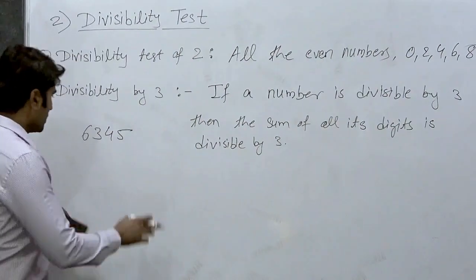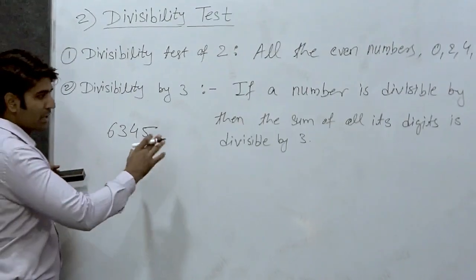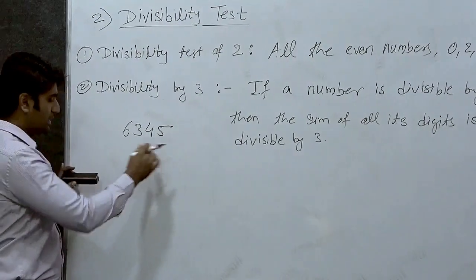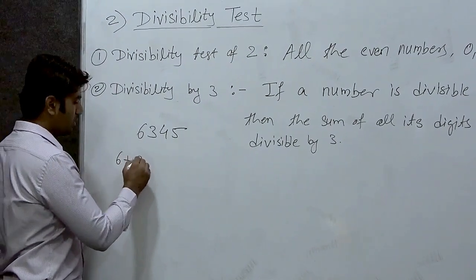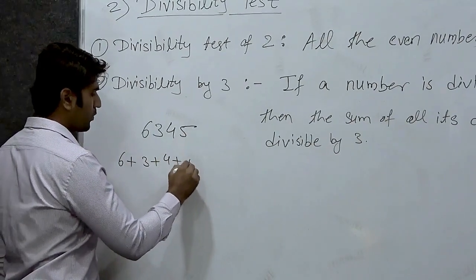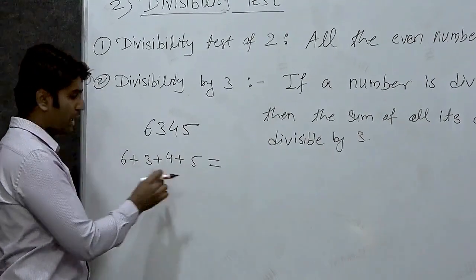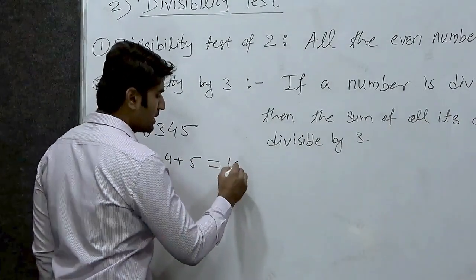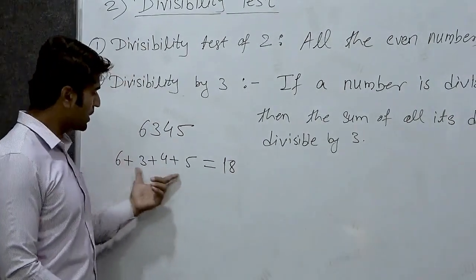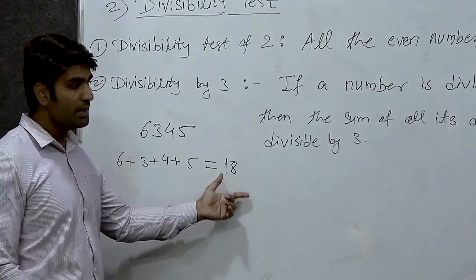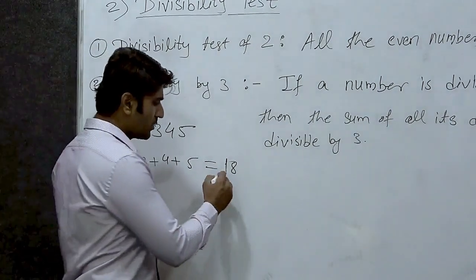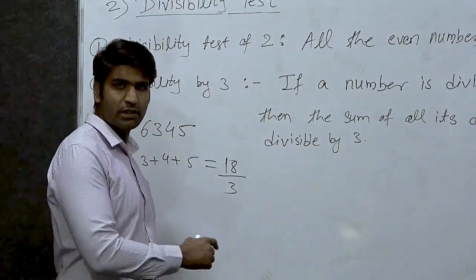A number is given, so let's check the sum of its digits. Sum of digits is 6 plus 3 plus 4 plus 5. 6 plus 3 is 9, and 5 plus 4 is 9. So 9 plus 9, addition is 18. If the sum of digits is divisible by 3, is 18 divisible by 3? Yes.